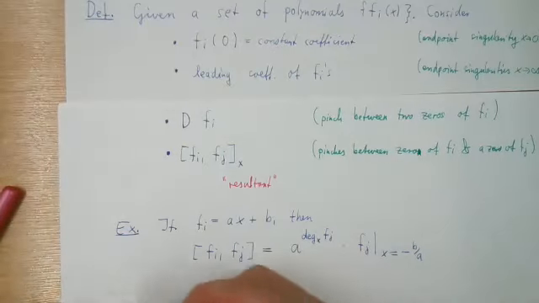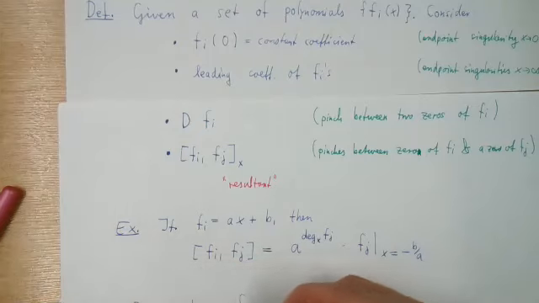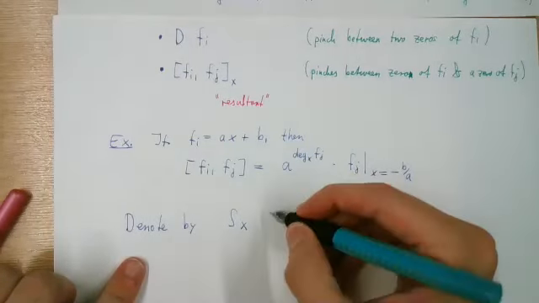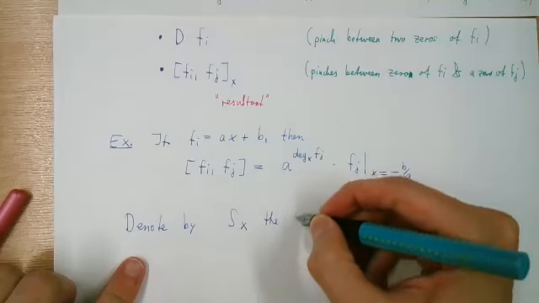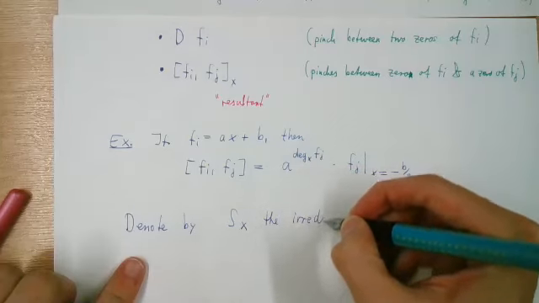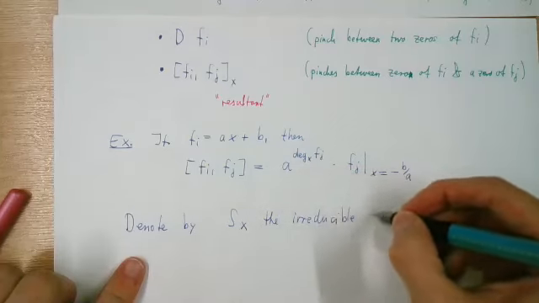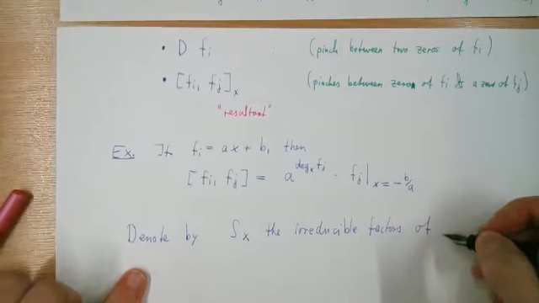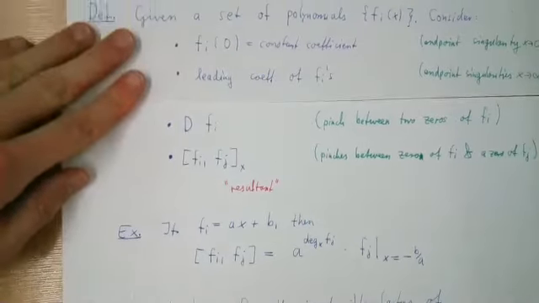And now what was the definition? We denote this as lower script x, the irreducible factors of all of these things above here.